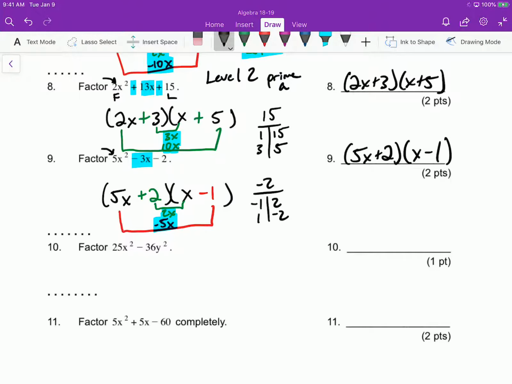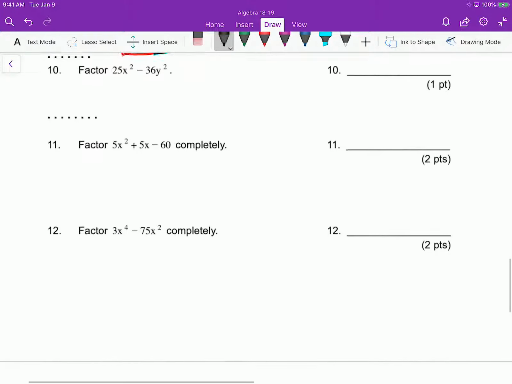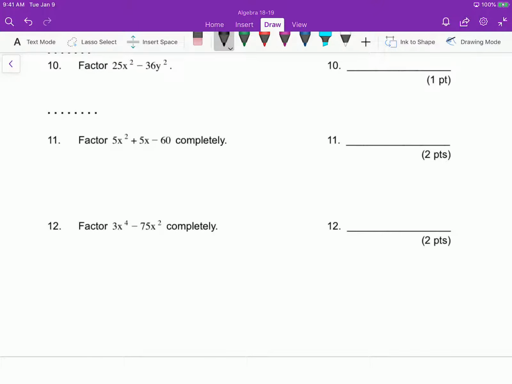Okay, so now we get into that section where we have some perfect squares, and then of course below we have that thing called factoring completely. It's basically our keyword. You're going to have to do more than one thing here. But before we do that, number 10, I notice I have one perfect square minus another perfect square.